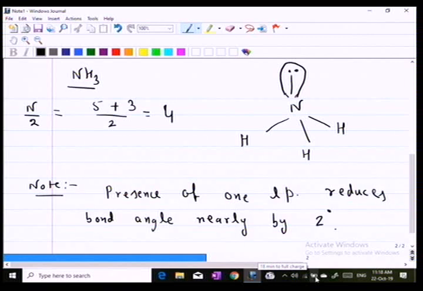So please answer me one question. If the natural bond angle is 109 degree 28 minutes, for the geometry where n by 2 is equal to 4, the bond angle will be 109 degree. Now one lone pair is present over there. So due to the presence of one lone pair, what should be the new bond angle?